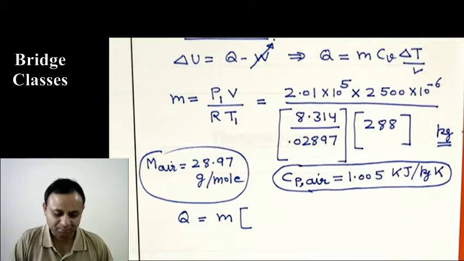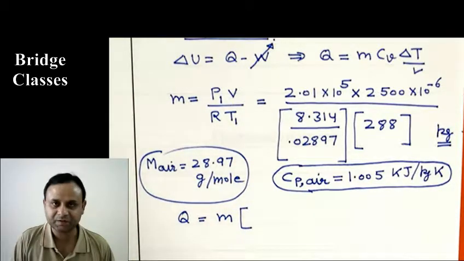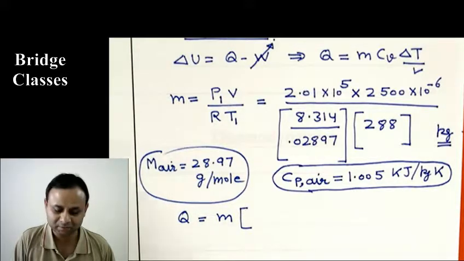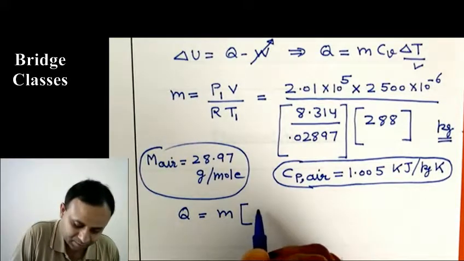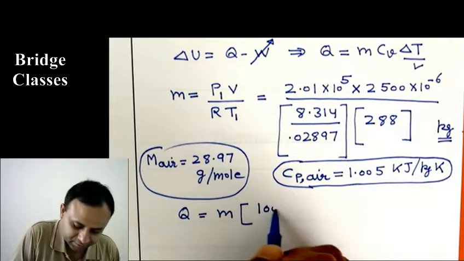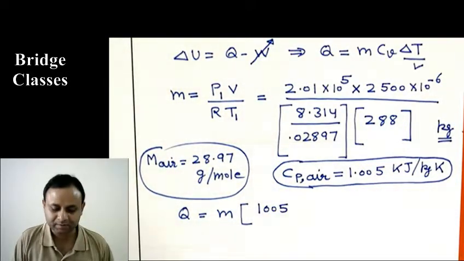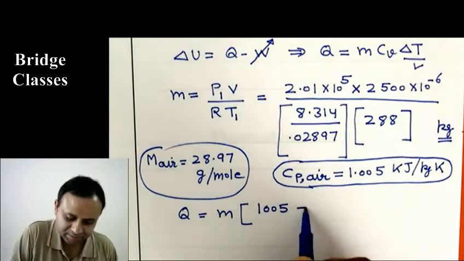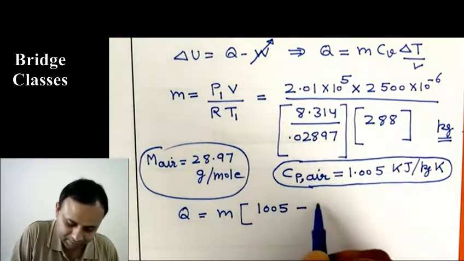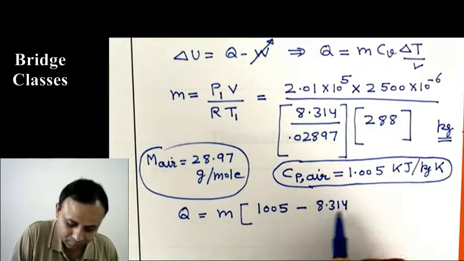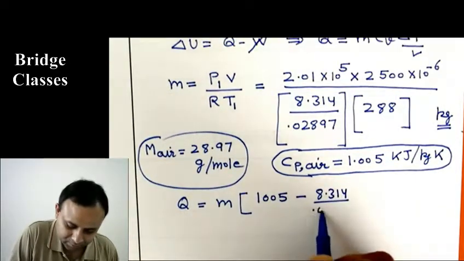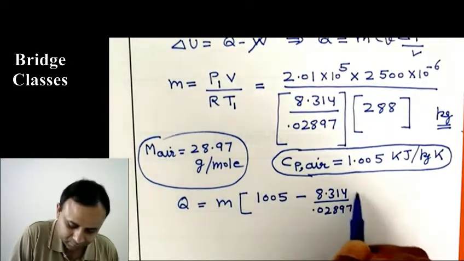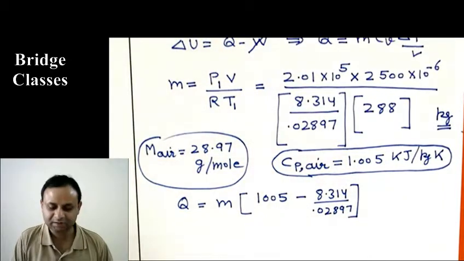In this equation we need Cv, but Cv is Cp minus R, so I can use that. So Cp is 1005, I am using joule per kilogram Kelvin here, minus R, which is 8.314 over 0.02897. So Cp minus R is Cv for air.